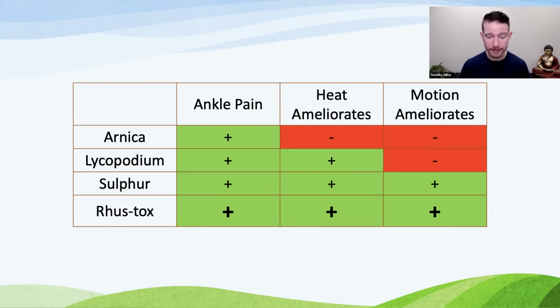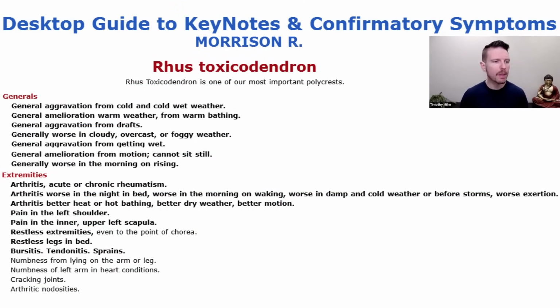So another thing that we can do is instead of just looking in a repertory, now that we've already done the repertorization process, we've already repertorized, now we can look at a different type of book. And this book goes medicine by medicine, homeopathic medicine by homeopathic medicine in alphabetical order, go figure.